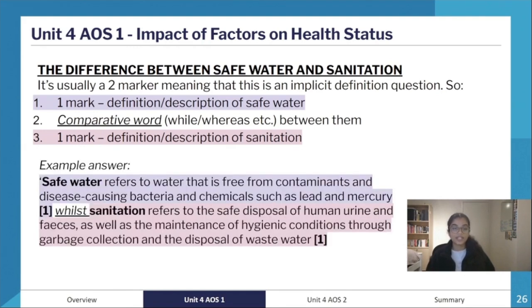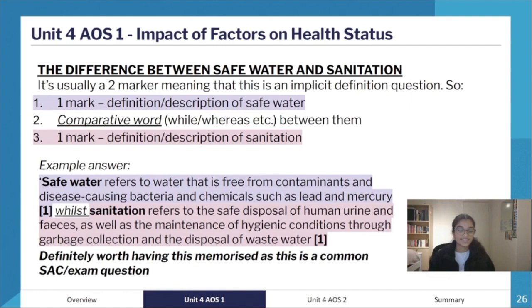So for example, safe water refers to water free from contaminants and disease-causing bacteria and chemicals, whilst sanitation refers to the safe disposal of human urine and feces, as well as the maintenance of hygienic conditions through garbage collection and disposal of wastewater. Alright, so you need to make sure you have that comparative word in between them. And it's definitely worth having this sort of answer memorized, not just word for word, but really understanding how to answer this question, as it's a really, really common SAC question.